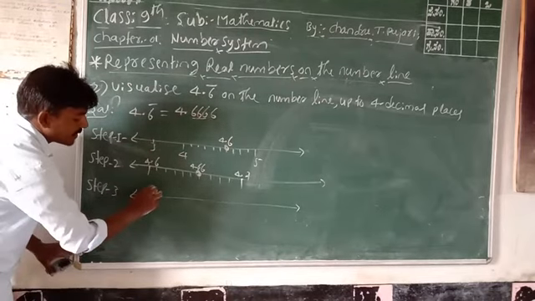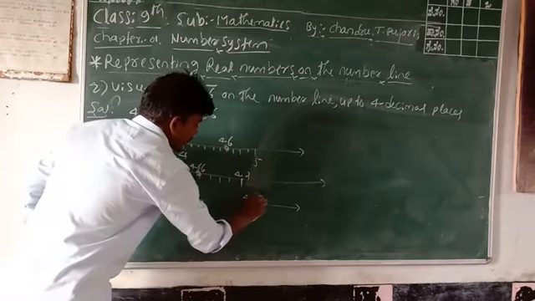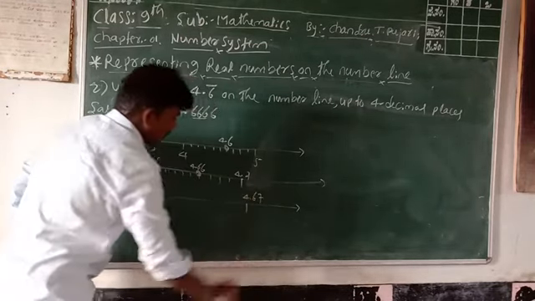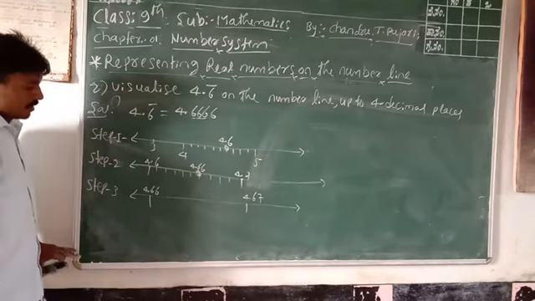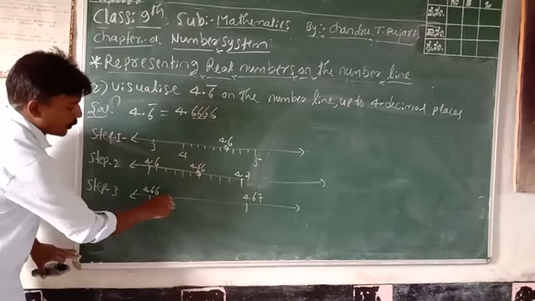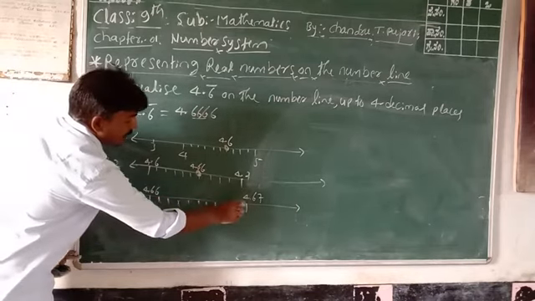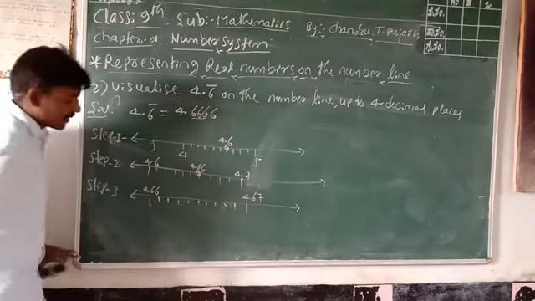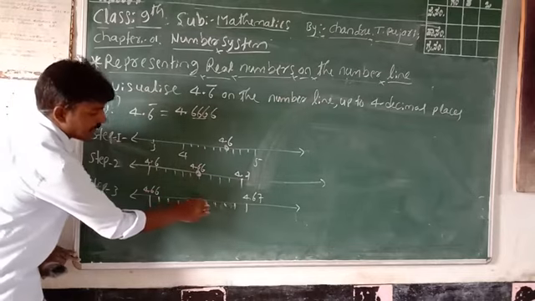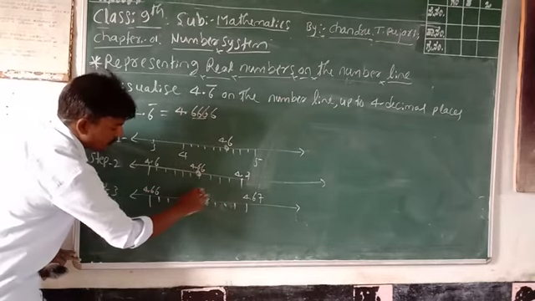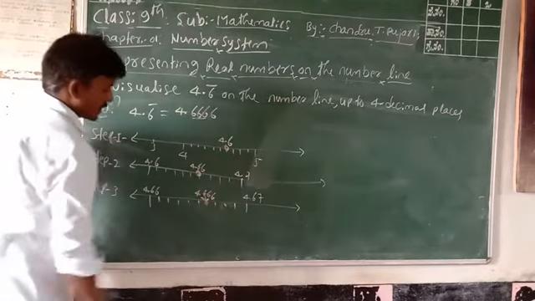Therefore, from 4.66 to 4.67, take 1, 2, 3, 4, 5, 6, 7, 8, 9 and 10 parts. From 4.66, count 1, 2, 3, 4, 5, 6. This number is 4.666.